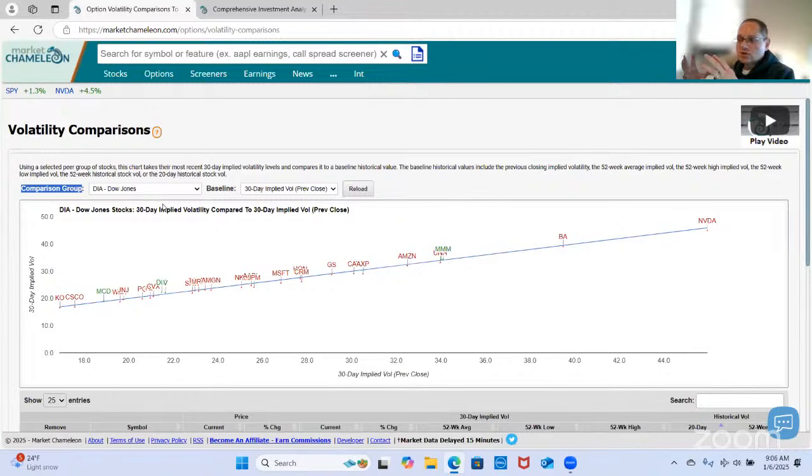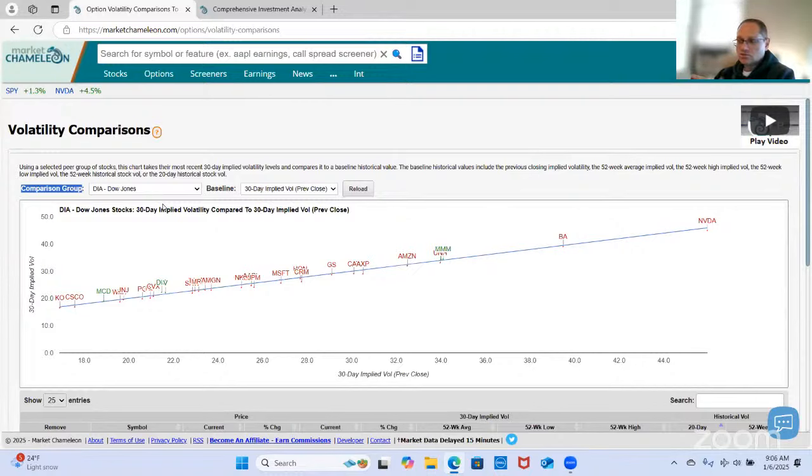We're going to be able to answer a few different questions that are important as traders. We want to know what's going on with implied volatility levels in the stocks that we trade or might be analyzing or interested in for opportunities. And we want to be able to really quickly make a relative value analysis.